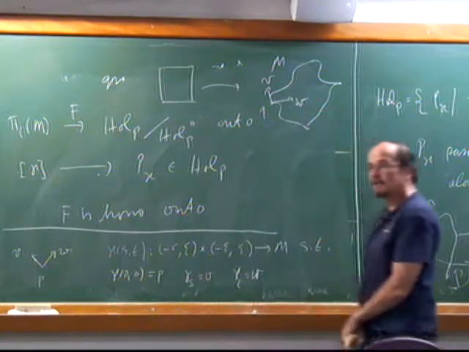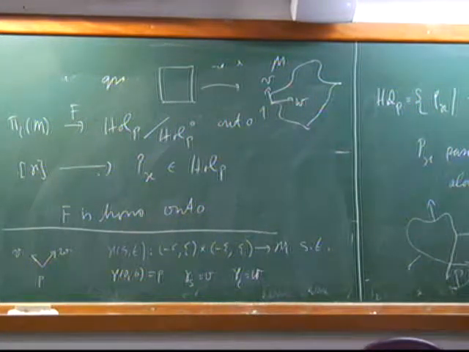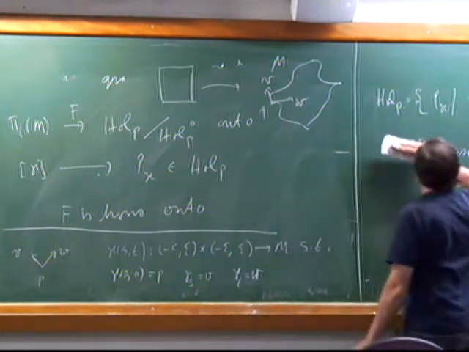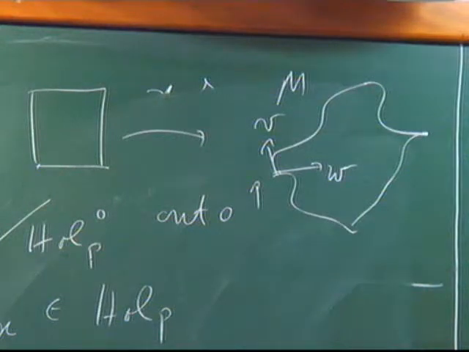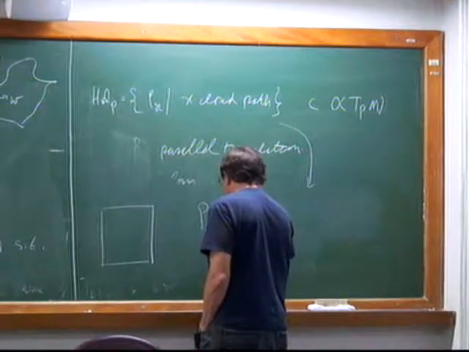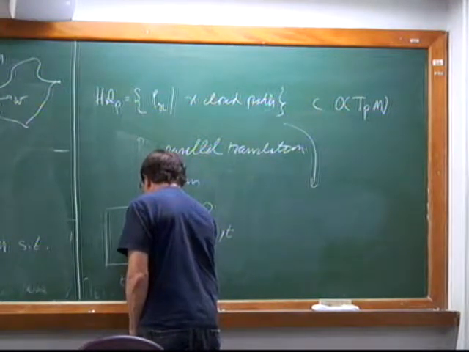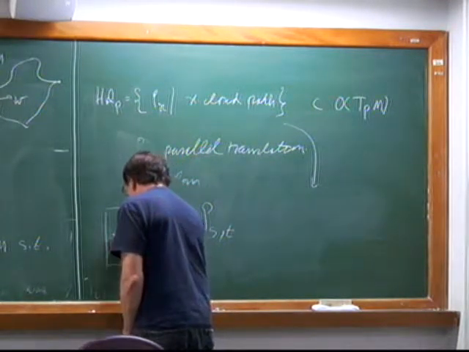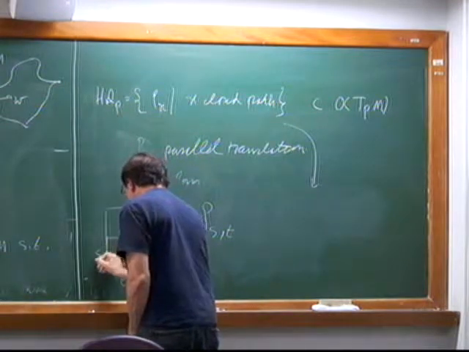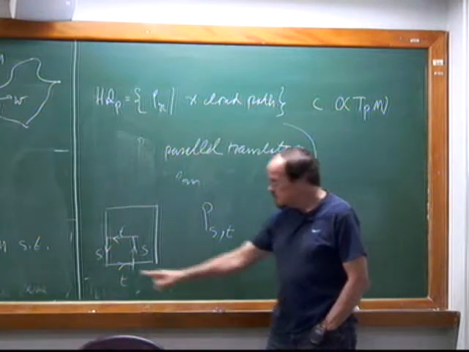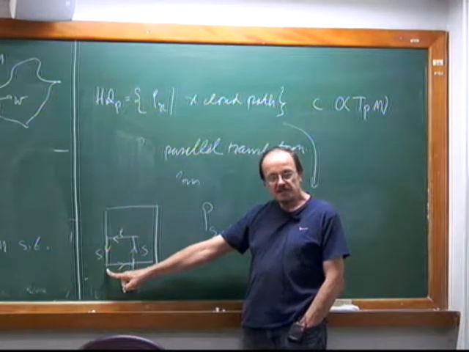You can clearly do that, right? The exponential map or something like this, because I only require this at the point. And now do the following. Let me draw it schematically in the picture over there. I can define a map P_s,t of parallel translation by going t in this direction, s in this direction, and then back. That's a closed path which starts at this point P for each s and t.